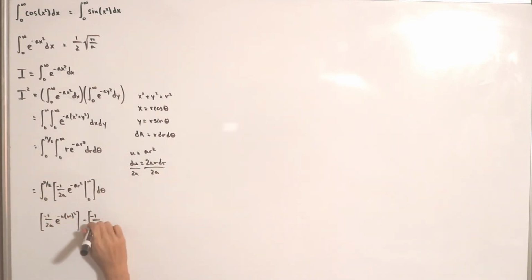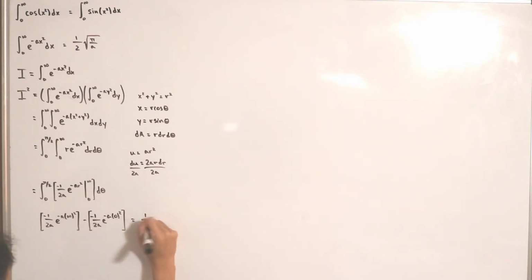And then divide by 2a, and then e to the negative a, evaluated at 0 squared. Okay, and notice that e to the 0 is just 1, and then we have distributed negative, so it's a positive, so therefore it's just positive 1 over 2a.